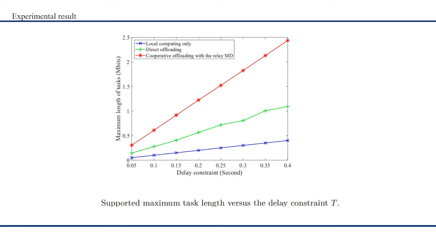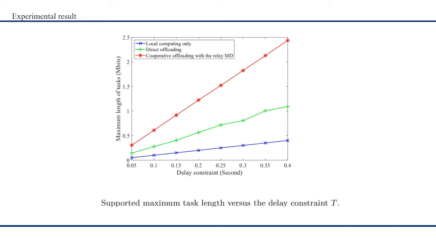The supported maximum task length of our proposed scheme is much longer than the other two schemes, because the relay mobile device can help offload more of the task data, especially for longer delay constraints. Compared with the direct offloading scheme, the local computing only scheme supports less data with the same delay constraint.